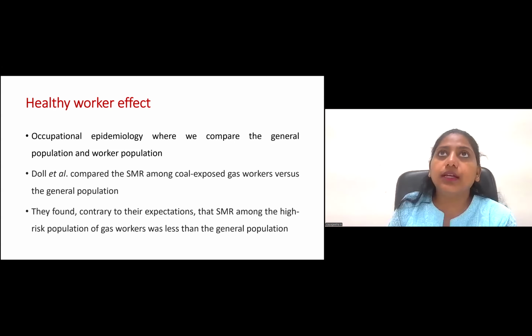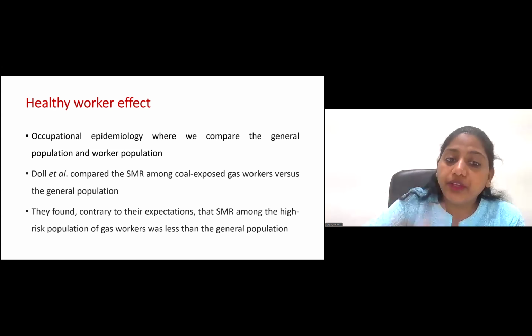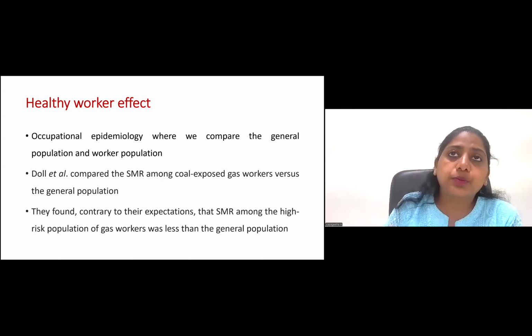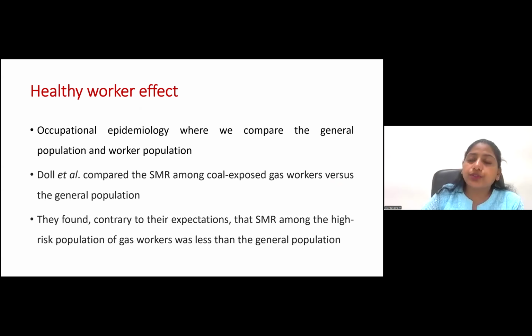What they then did was stratify and find out how many of the coal gas workers were heavily exposed, moderately exposed or intermittently exposed, and how many were exposed comparatively lower, and then they took a call on it.